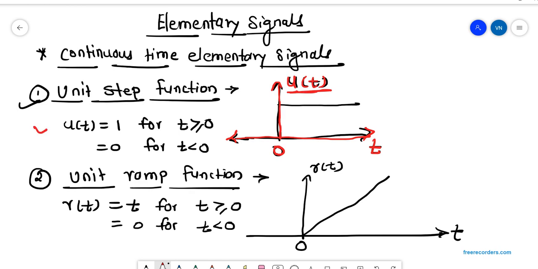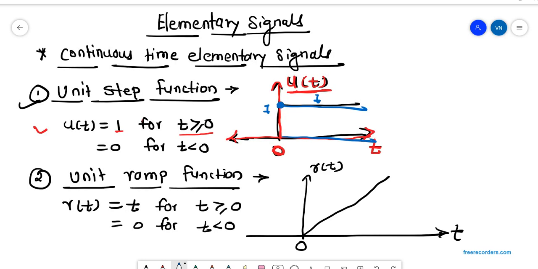So this is a condition. What is the condition? That u of t is equal to 1 for t is greater than equal to 0. So what is the meaning of this? The meaning is that whatever the unit step function is there, for that the amplitude is always equal to 1 for t greater than equal to 0. Means for 0 having a amplitude 1, again for each and every time period the amplitude become 1.